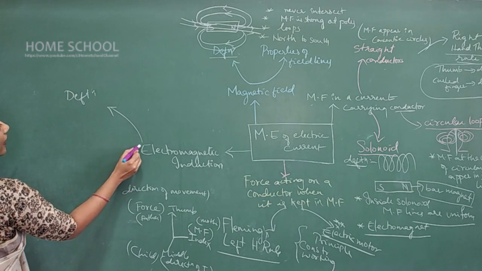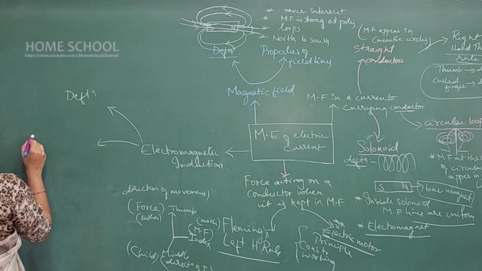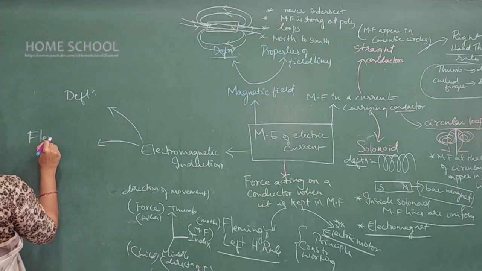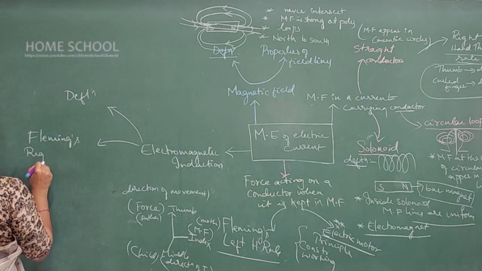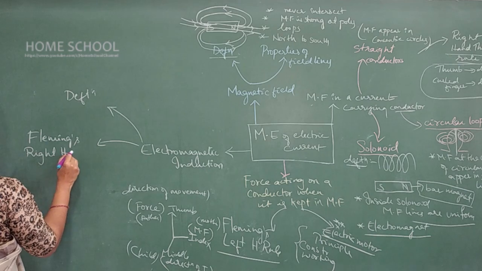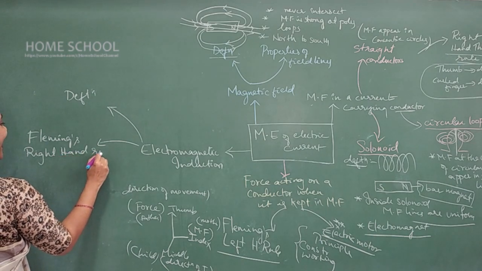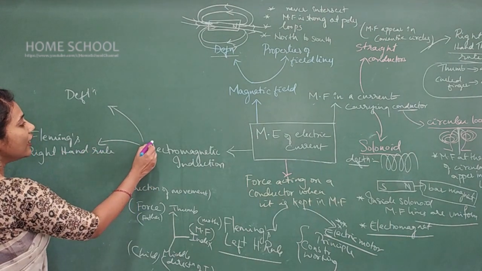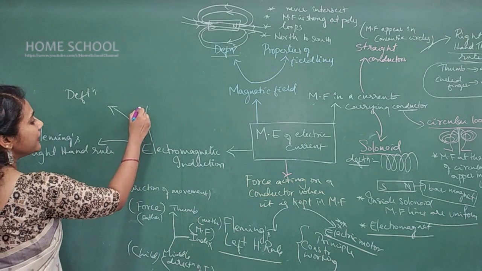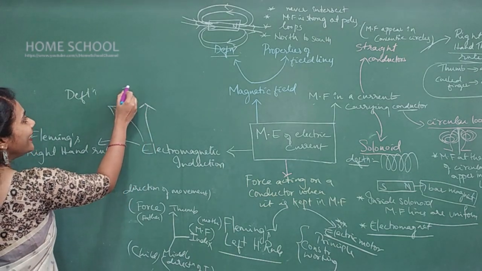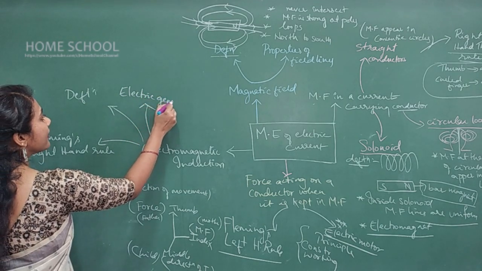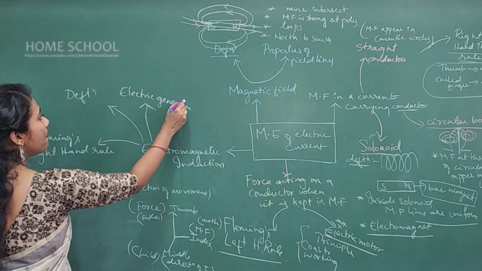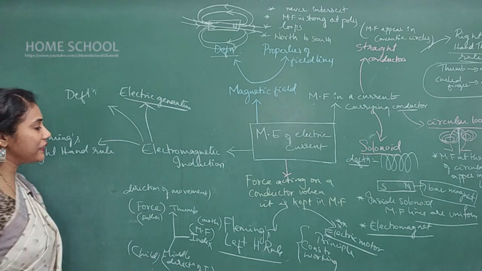And here you study a rule called Fleming's right hand rule. And the third aspect of electromagnetic induction is the electric generator. The electric generator is the application part of electromagnetic induction.